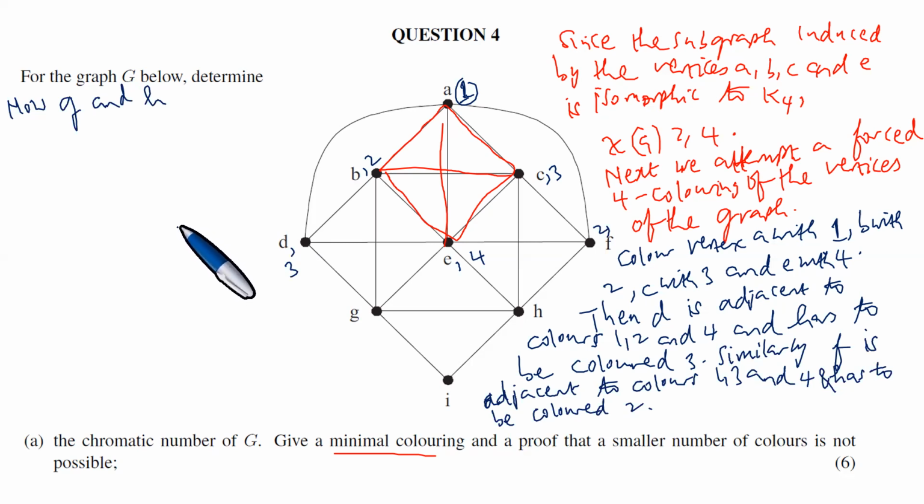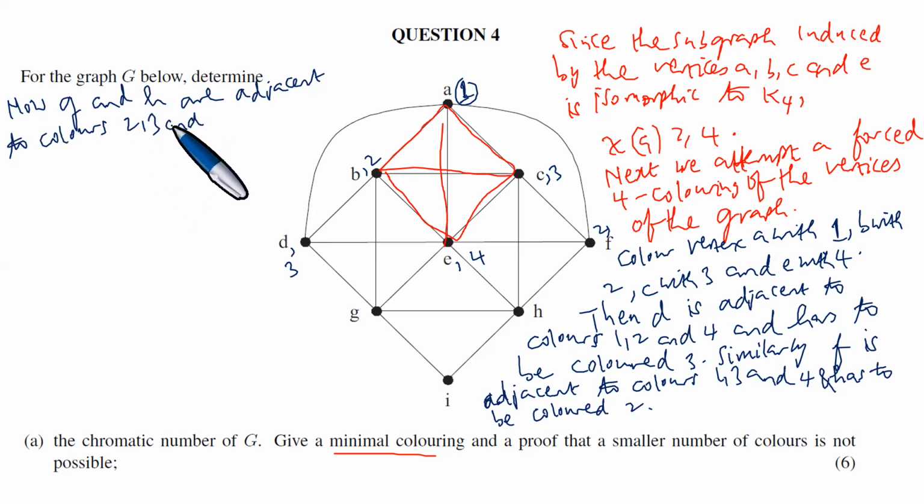So G and H are adjacent to colors 2, 3, and 4, and have to be colored 1.